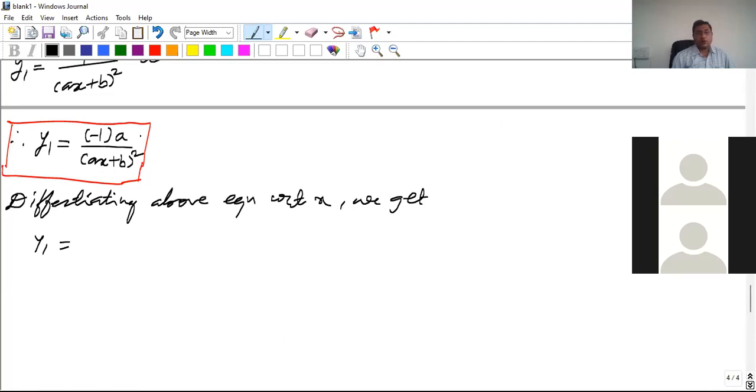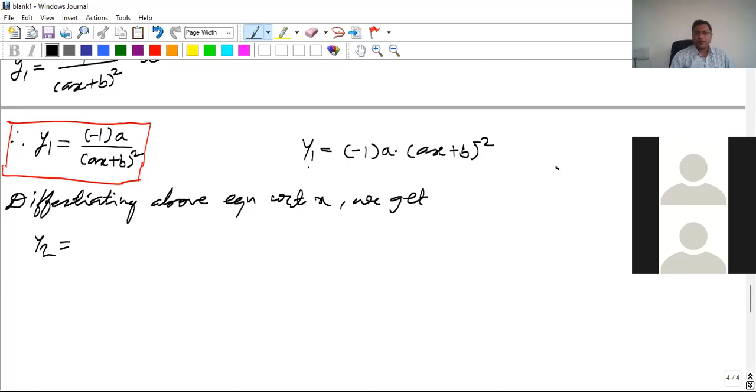Now we'll have the square of this, and then again we'll have the derivative. Here, we can make it easy by writing this y1 as minus 1 into a, ax plus b bracket raised to minus 2. Is that okay? Yes, sir.